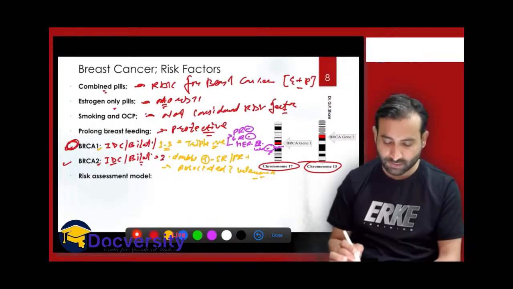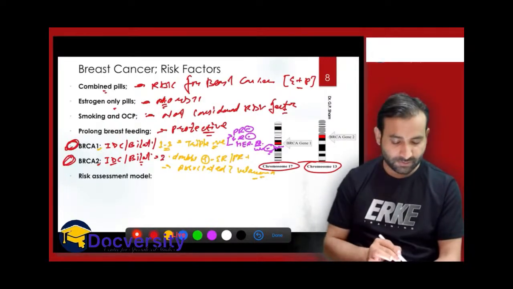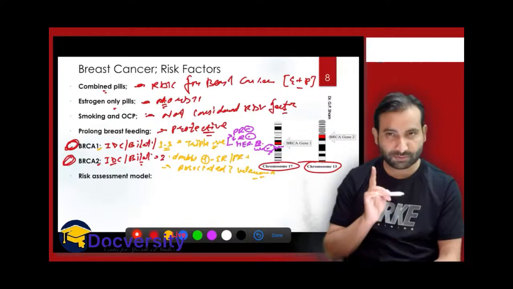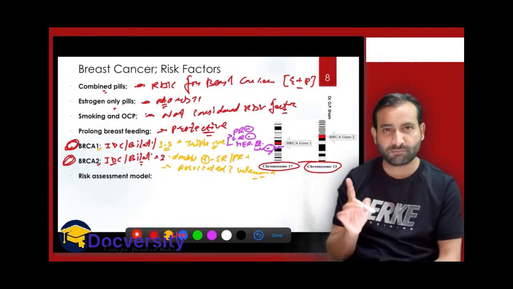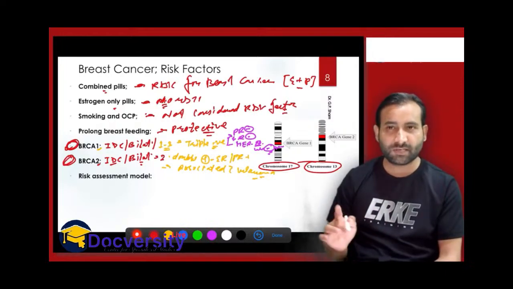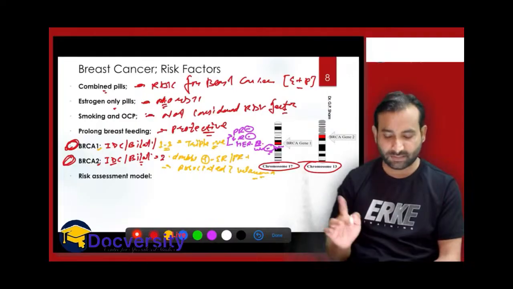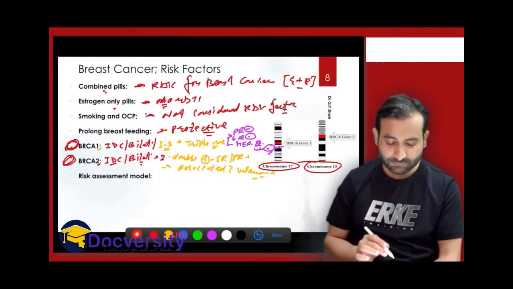So remember these many points for the exam, right? BRCA1, 1 and 3 are odd, so triple negative. And BRCA2 has 2, meaning double positive, that is ER positive and PR positive.